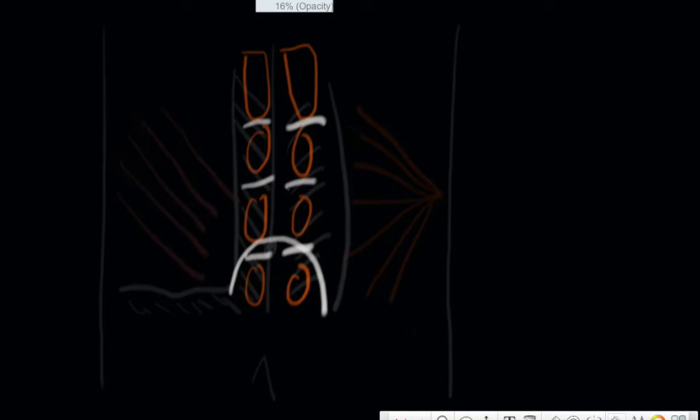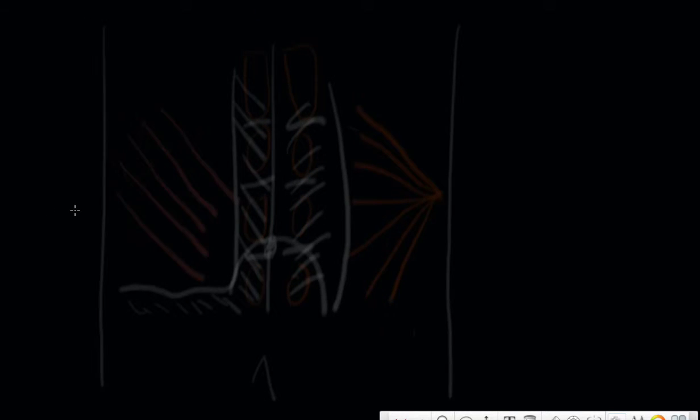The other important part that I've not talked about yet is, deep to all of these muscles, the transversus abdominis muscle.